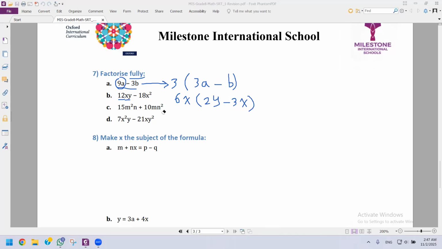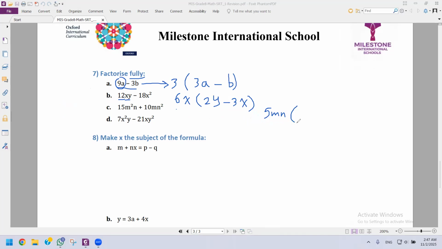Next question, we have 15 and 10. The highest common factor is 5. Let me write it on the left. Then m squared and m, we pick m. n and n squared, we pick n. It has to be under, we don't have space. We do it here.